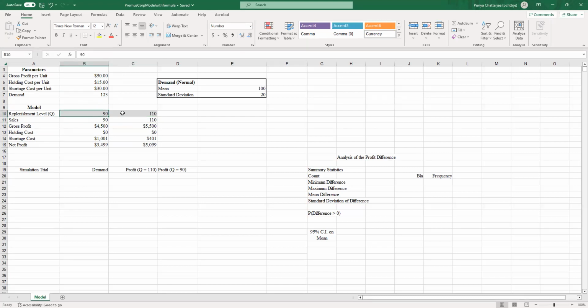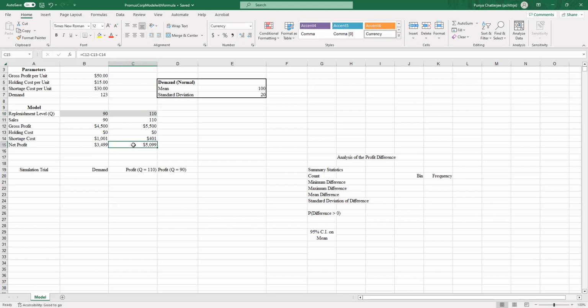But essentially, here are your two possible replenishment levels, and you are trying to decide which one is better for this company. The question you're trying to answer is, should they stock 90 units or should they stock 110 units? If they stock 90 units, here is their net profit, and if they stock 110 units, here is their net profit.